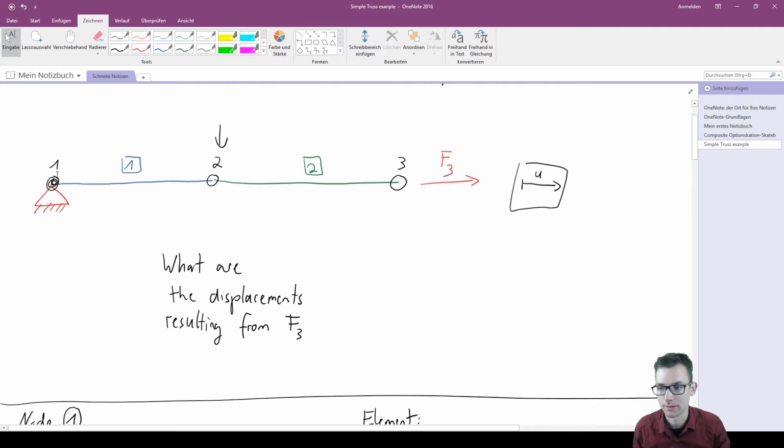And the other boundary condition is that on node 1 we have no displacements at all.